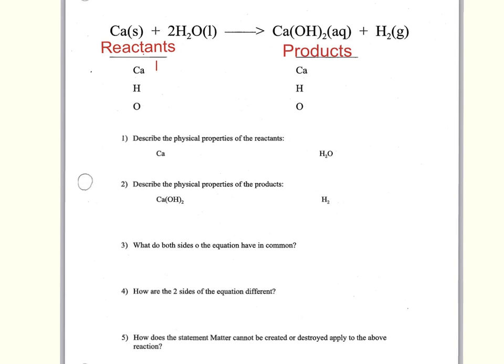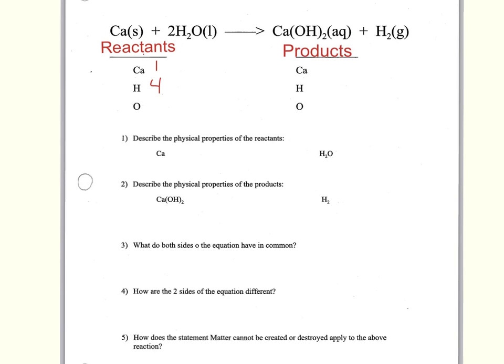If we take a look at hydrogen with the symbol of a capital H, we notice that it has a subscript of 2, that's the small number to the right of the symbol, but there is also a coefficient, this large number 2, out in front. When we distribute the coefficient, we multiply it against the subscript of 2. That means hydrogen atoms count up to 4 on the reactant side.